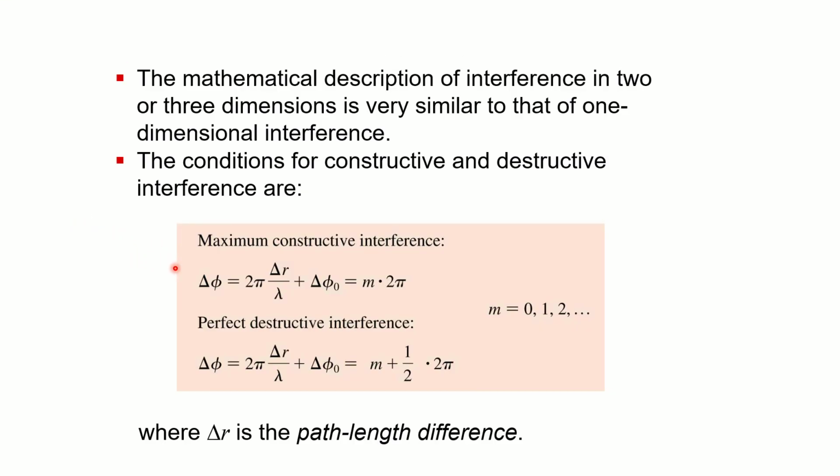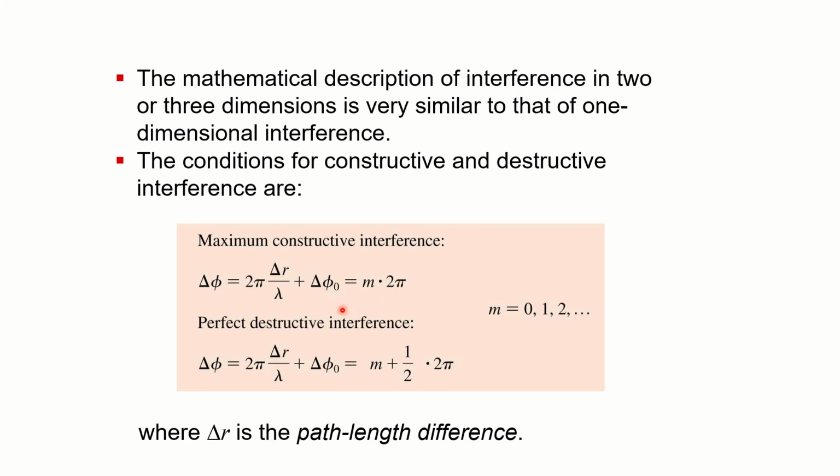So to summarize, we have two waves, both sinusoidal. If they have the same wavelength, frequency and amplitude, when they're added together, we just superimpose those two waves, and we end up with the two limiting cases: maximum constructive interference, which boils down to the phase difference being some multiple of 2 pi.